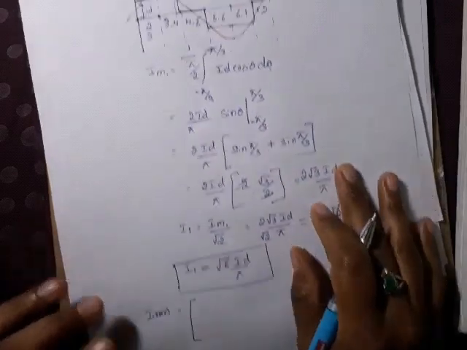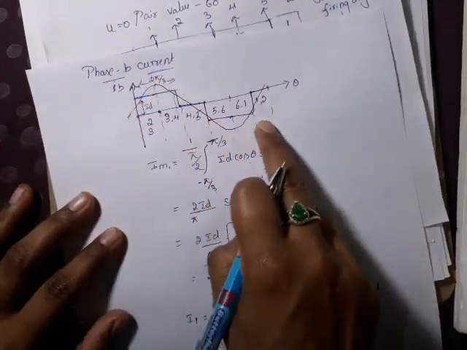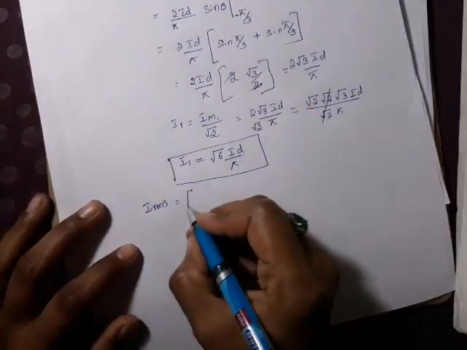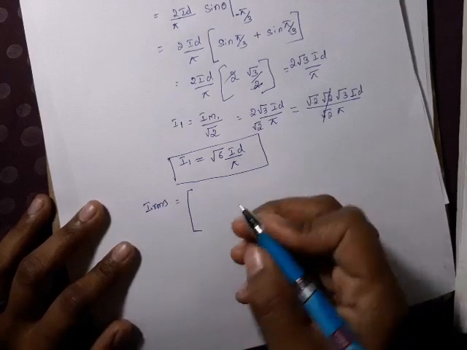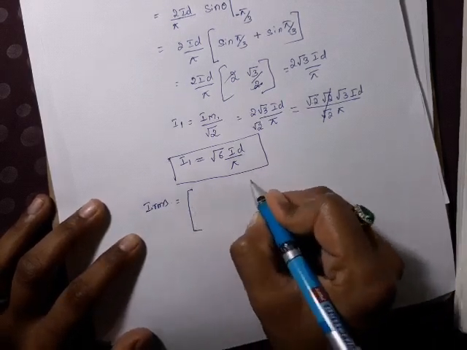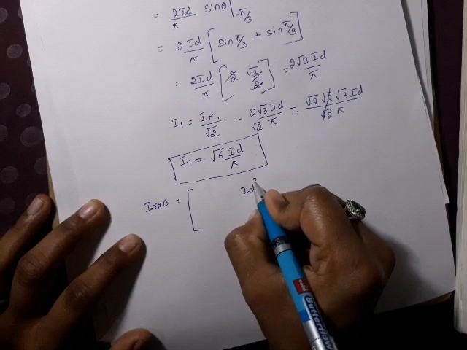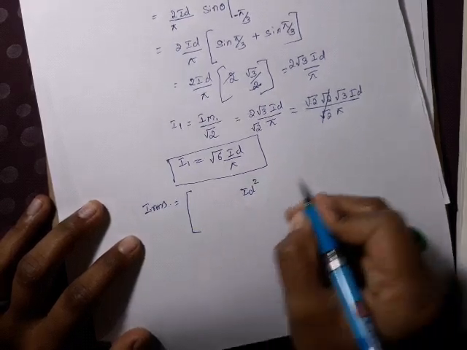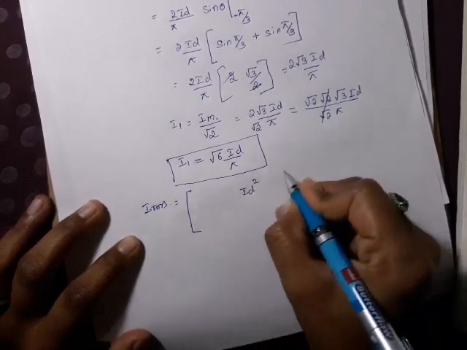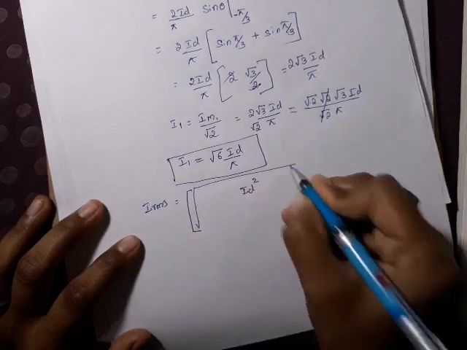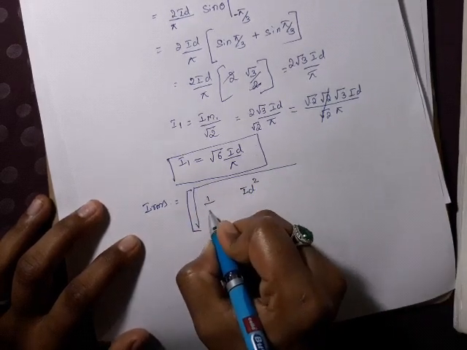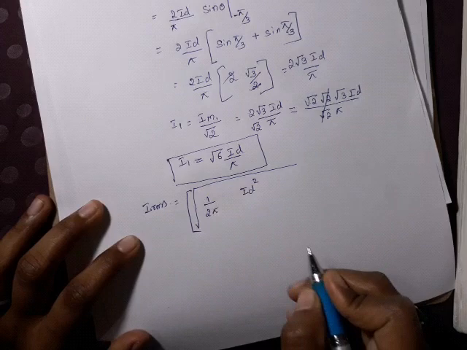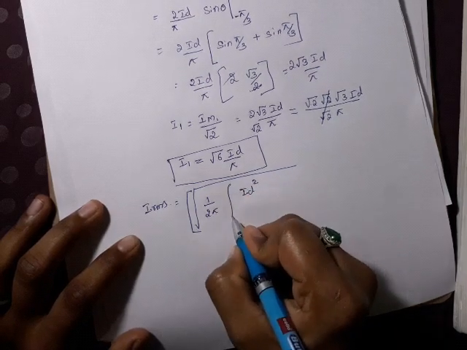We need to find it for one complete cycle. RMS is nothing but root mean square. So root of Id square, we are integrating Id square under the root. Mean means one complete cycle, so we have to integrate it for one complete cycle.